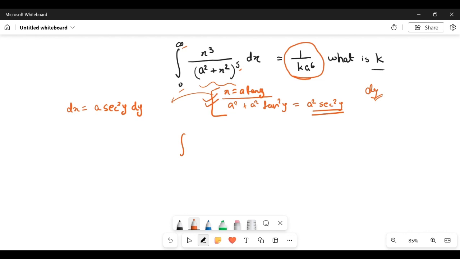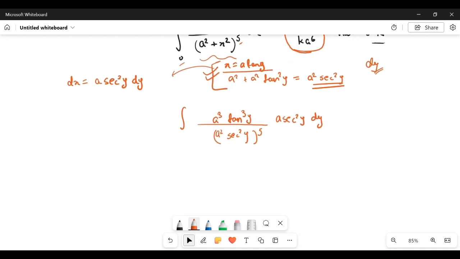So we can write dx as a into sec square y dy. And the denominator would be a square sec square y raised to the power 5, and the numerator would be a cube tan cube y, right?